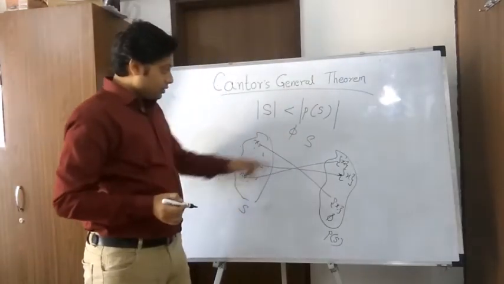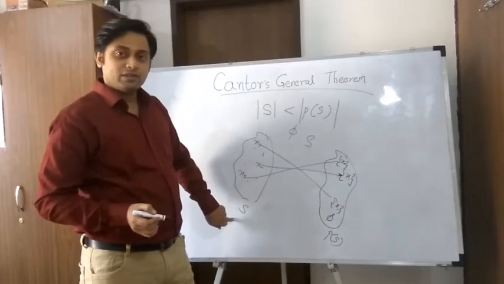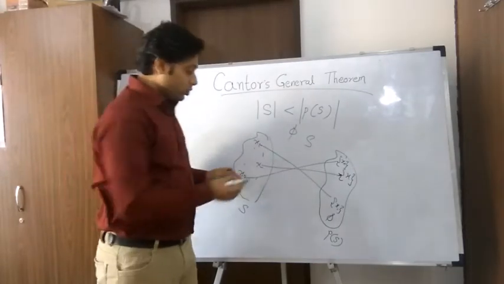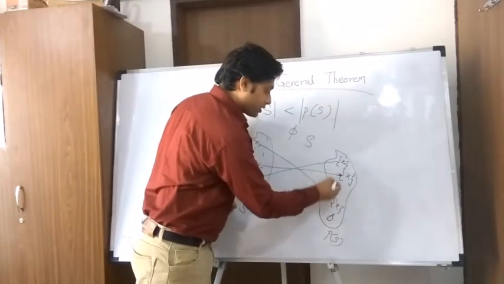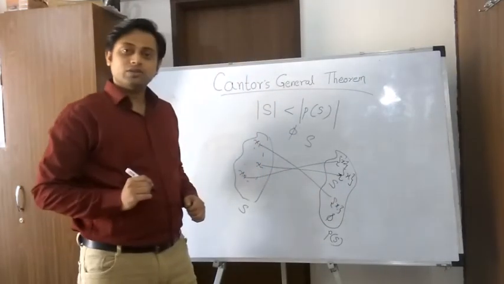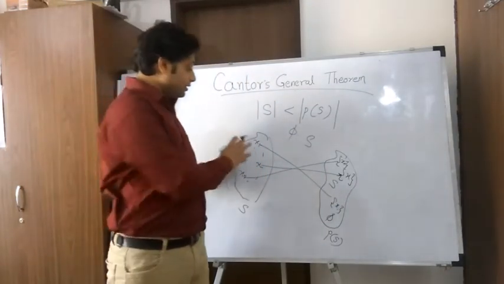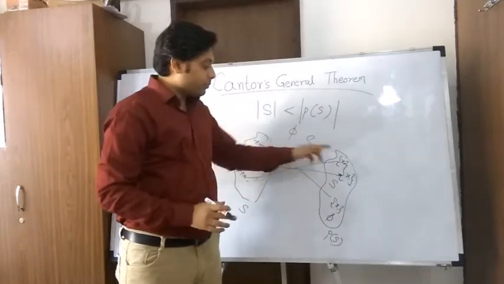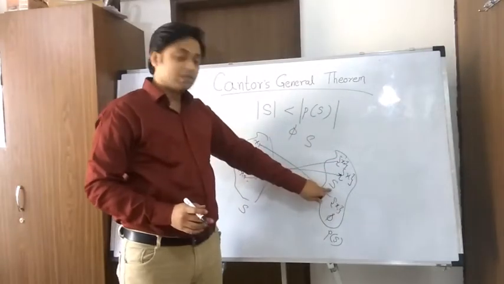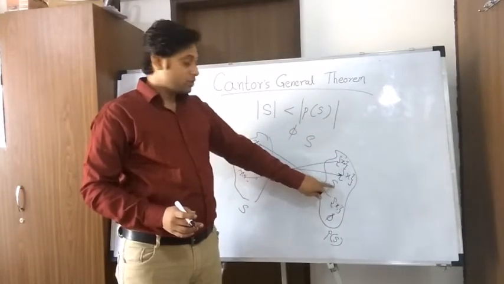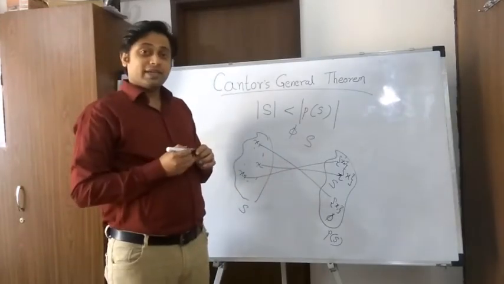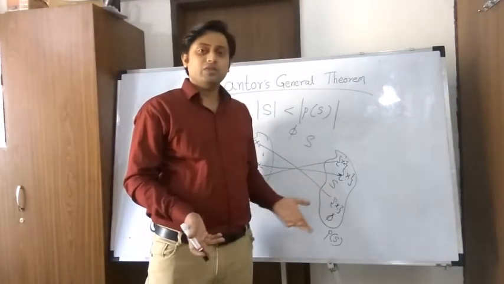S is a subset of S. Every set is a subset of itself. So S is a part of the power set of S. Again, in this mapping we have only mapped the singleton sets, and S is not a singleton set. So S remains unmapped. So there exist at least these two elements which remain unmapped.